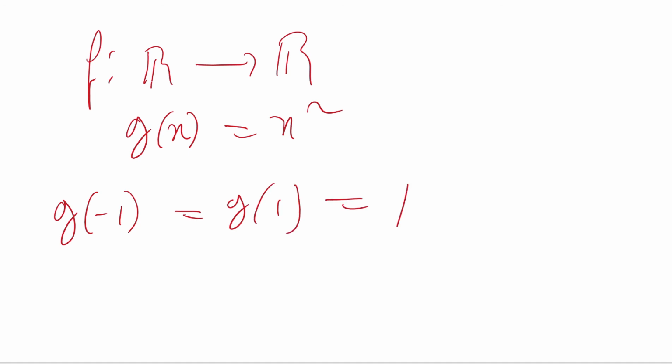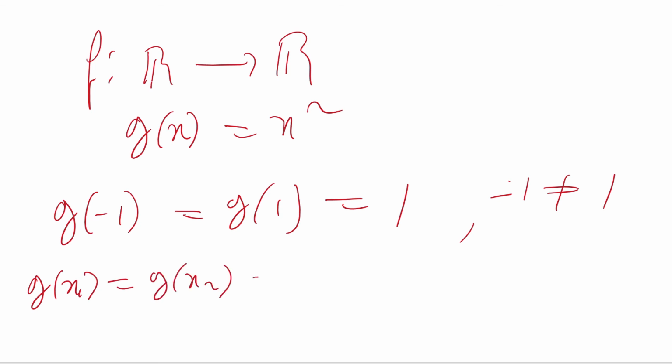Minus 1 is different from 1, because the definition of a one to one function says that if you have g of x1 equal to g of x2, this implies x1 equal to x2. In this case, this function is not one to one.